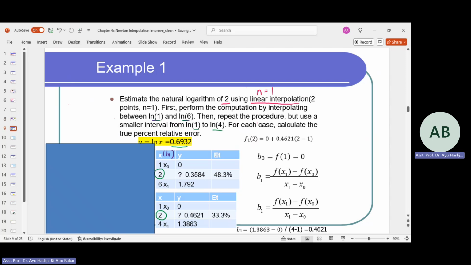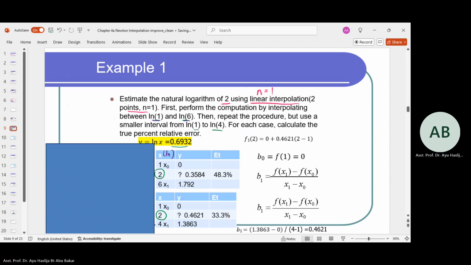So you need 2 data points. In this question, it gives you n equals 1 and 2 data points. Usually in the final exam, I won't give this info. You must know linear n equals what? Quadratic n equals what?